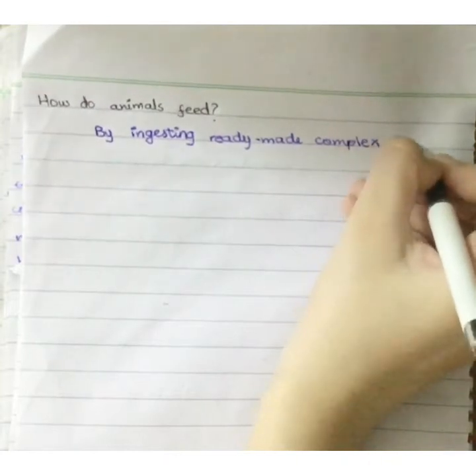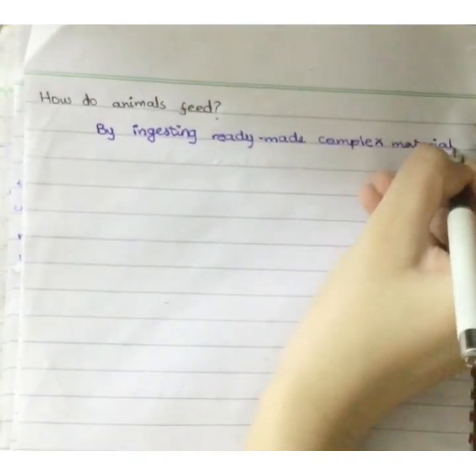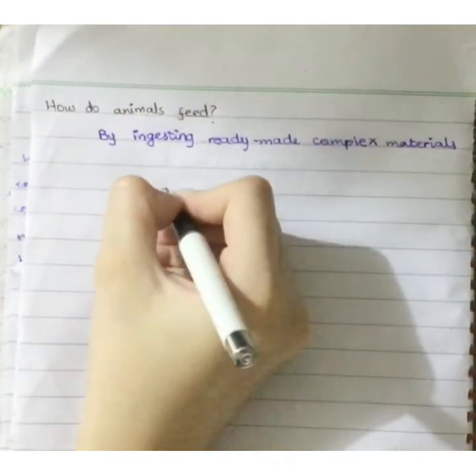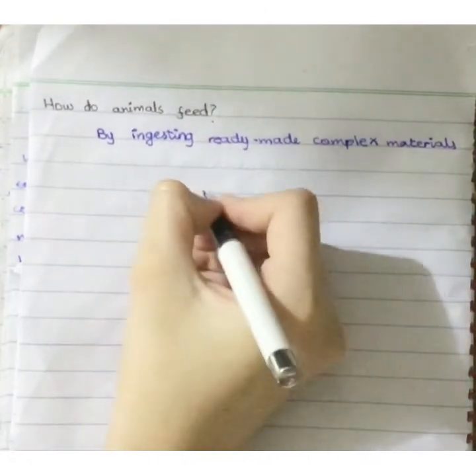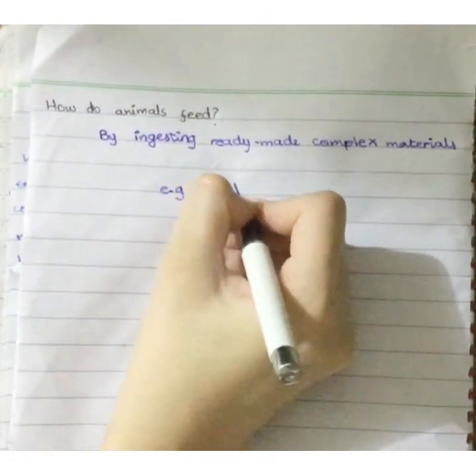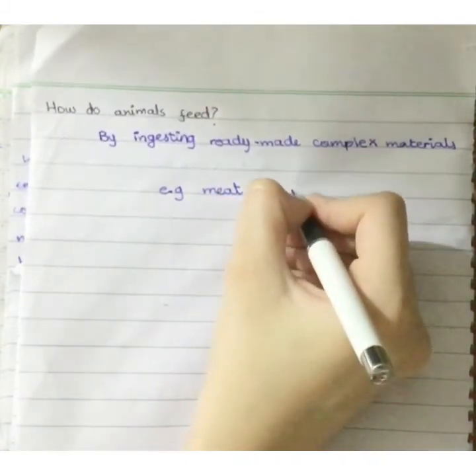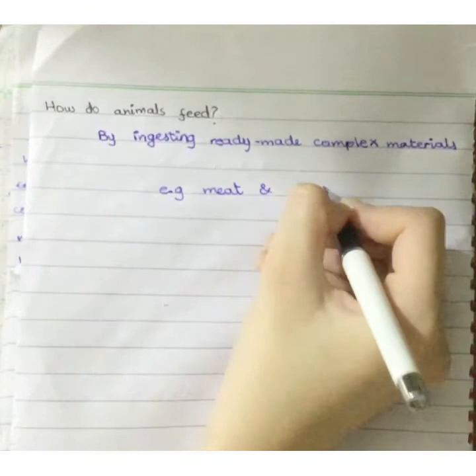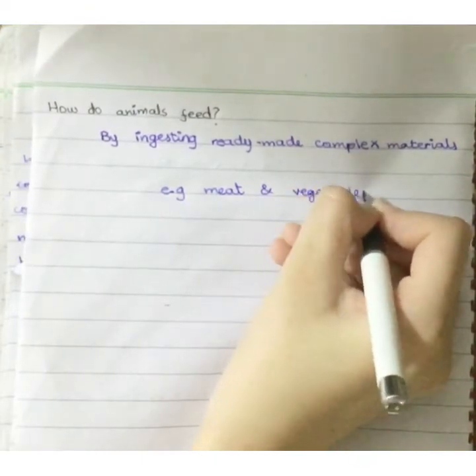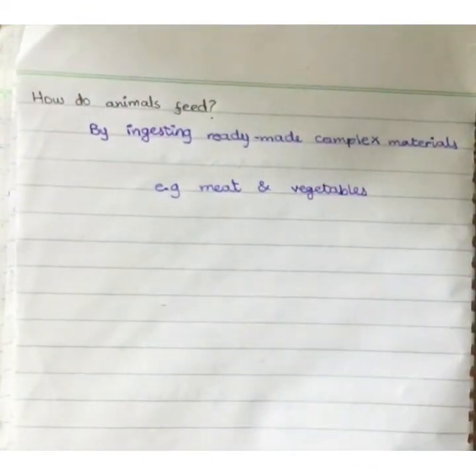Everybody knows it. So we feed by taking ready-made complex organic matter, whether it's solid or liquid, and this is obtained from other organisms, for example meat and vegetables. Everybody knows the meat we eat is also indirectly coming from the plants.